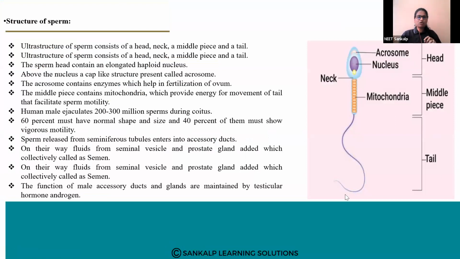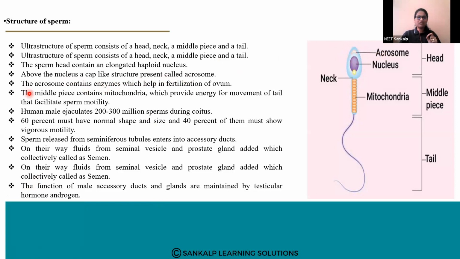Ultrastructure of sperm consists of head, neck, middle piece, and tail. The sperm head contains an elongated haploid nucleus, a single set of chromosomes. Above the nucleus, there is a cap-like structure, which is called the acrosome.